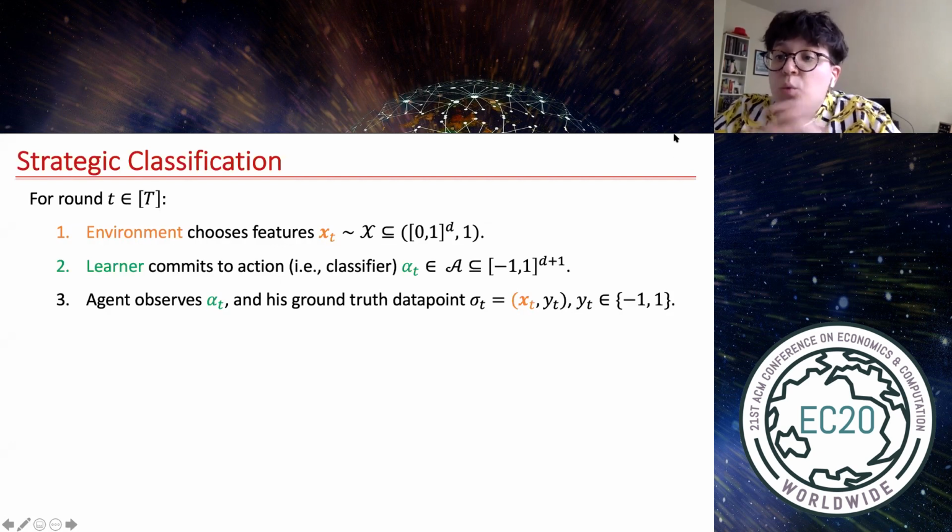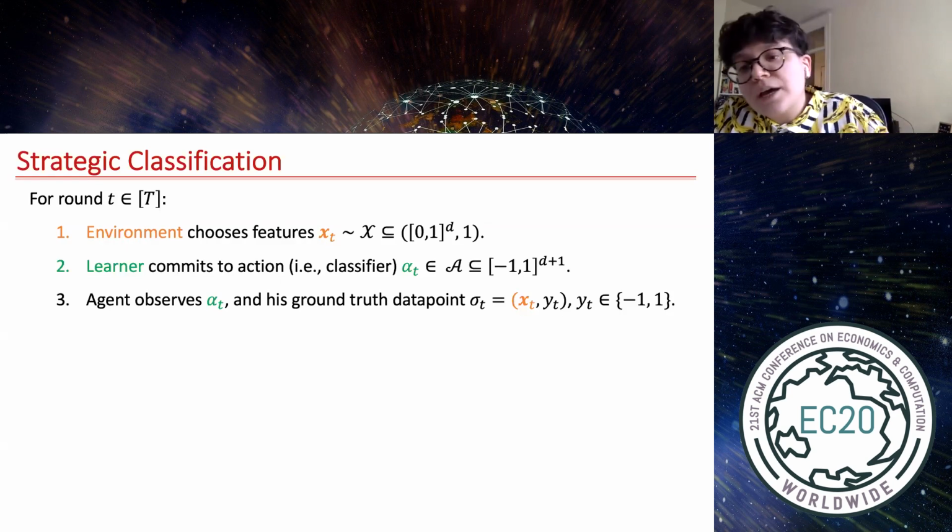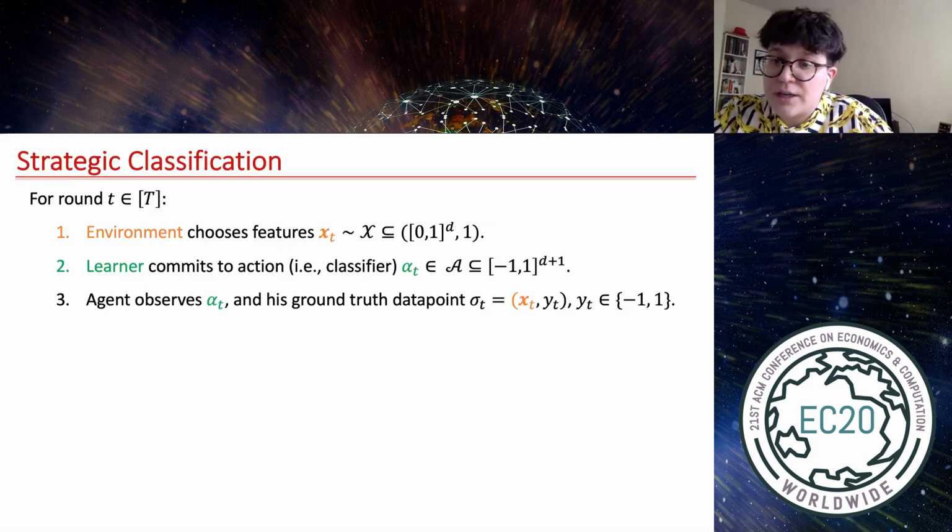YT is the quote unquote ground truth label for that student, meaning that if the student were to actually report XT, what would a perfect classifier label that data point or that student? And we assume for the sake of modeling that such a perfect classifier exists, but no algorithm that I know of in this space assumes access to this classifier.